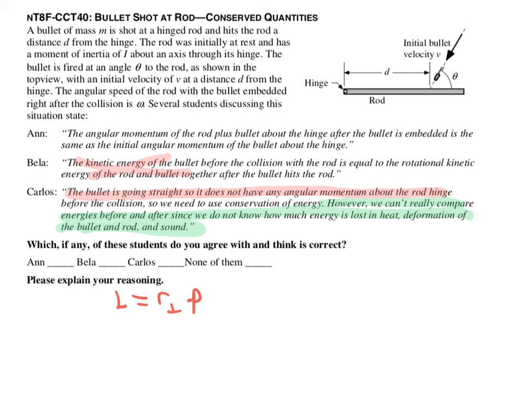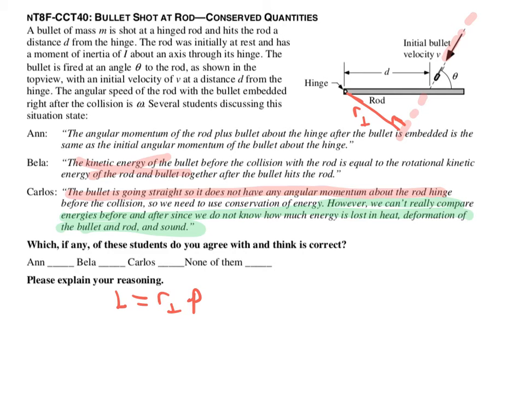So we would extend this to say this is the moment arm of the momentum, and this distance would be r perpendicular, and so there is angular momentum even though it's moving in a straight line. This comes back to the idea that angular momentum was discovered with things spinning, but is actually a deeper thing, and even things that aren't spinning can possess angular momentum. Therefore, Carlos is sort of out too.